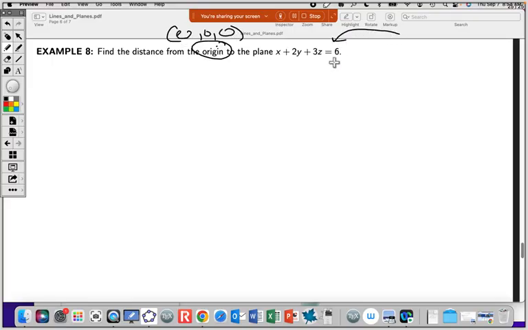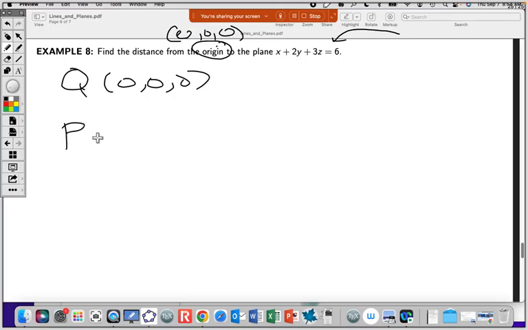If you let x, y, and z all be 0, you get 0 equals 6. So that equation isn't true. The way you can show a point is or is not on an equation is plug in the x, y, z coordinates and see if the equation is true. It's definitely not true. So this is the point that's not on the plane. So that's going to be like what we were calling Q.